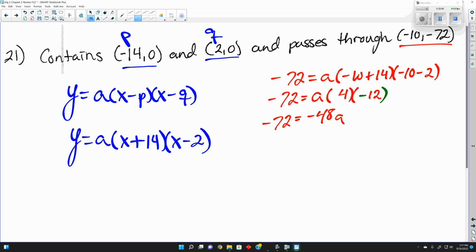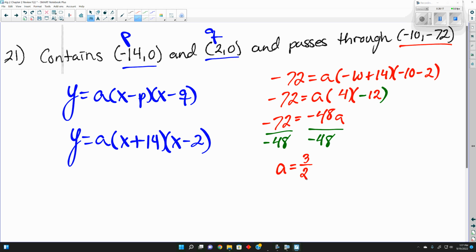And last but not least, we can divide, and I believe A should be 3/2, because 24 can go into 72 3 times and 48 2 times.